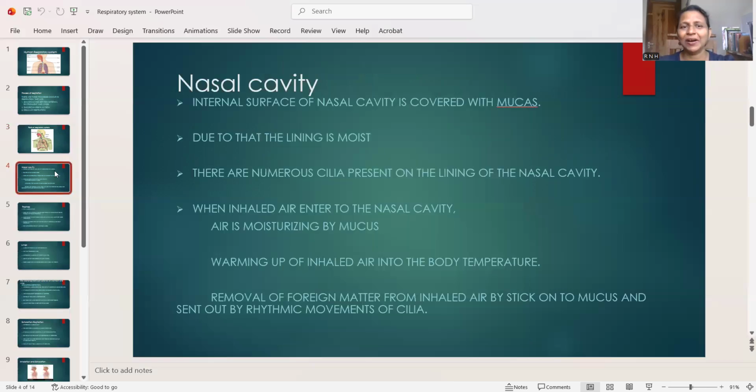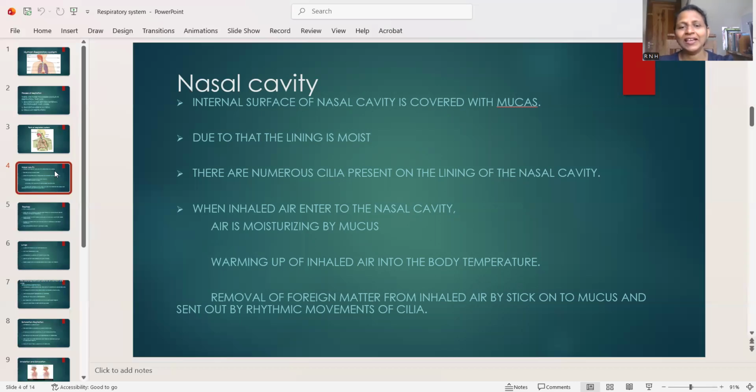Then we talk about the nasal cavity. The internal surface of the nasal cavity is covered with mucus. Due to that, the lining is moist. There are numerous cilia present on the lining of the nasal cavity.